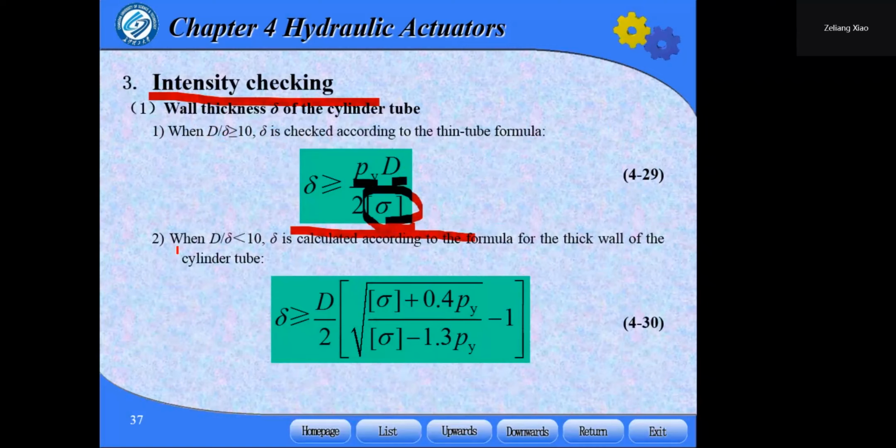When the ratio of D to sigma is less than 10, sigma is calculated according to the formula for the thick wall of the cylinder tube, which can be checked with this equation.